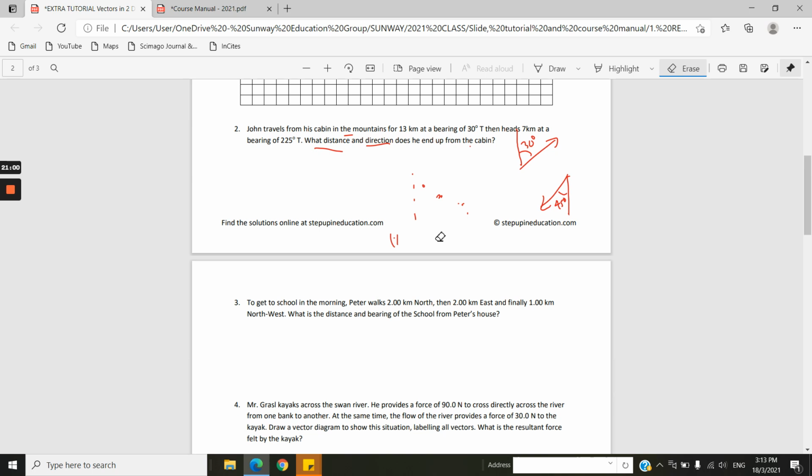Okay, so this one you can use the resolve vector method, easier. So you got angle here. I personally like to use 60 degrees here to the x-axis, but if some of you still want to follow this question, 30 degrees on top here, you also can do that. Doesn't matter.